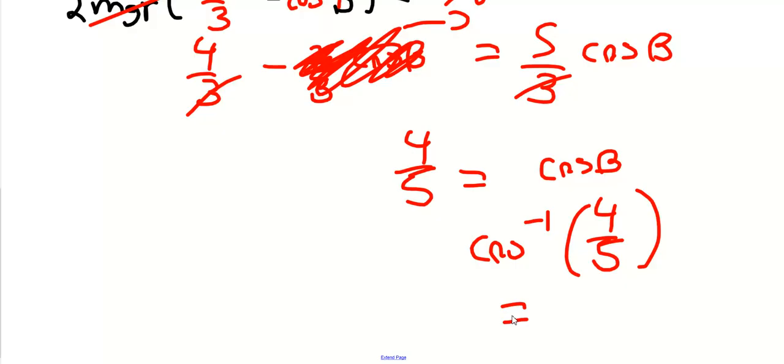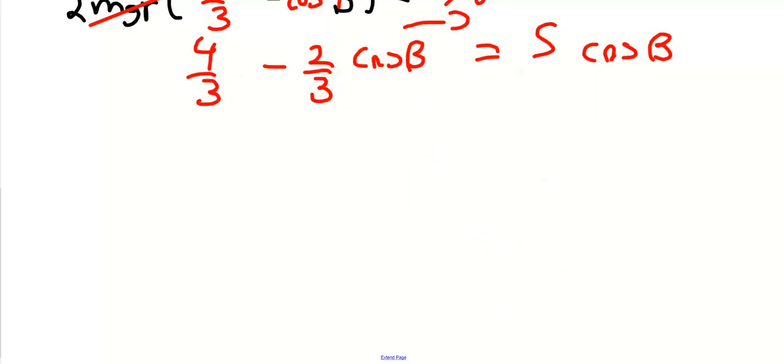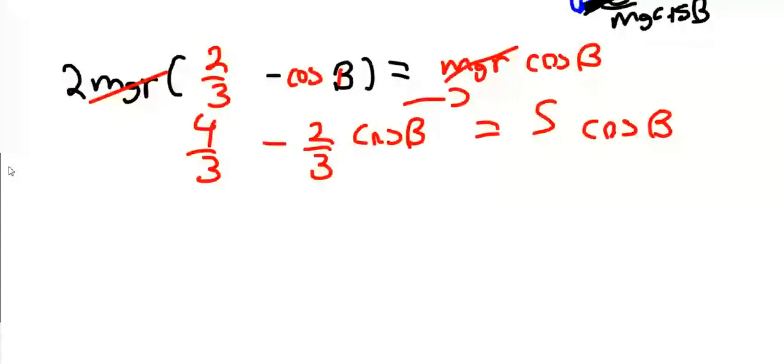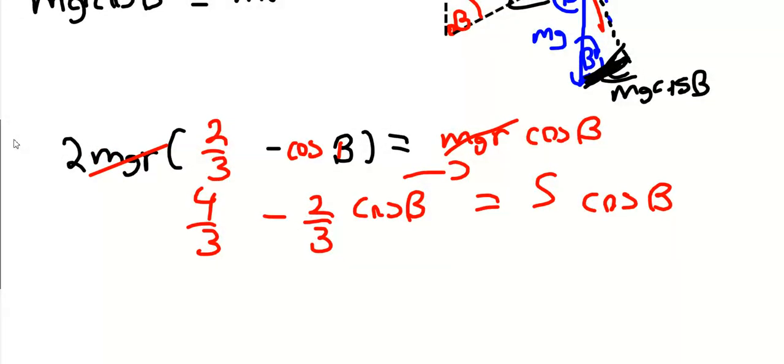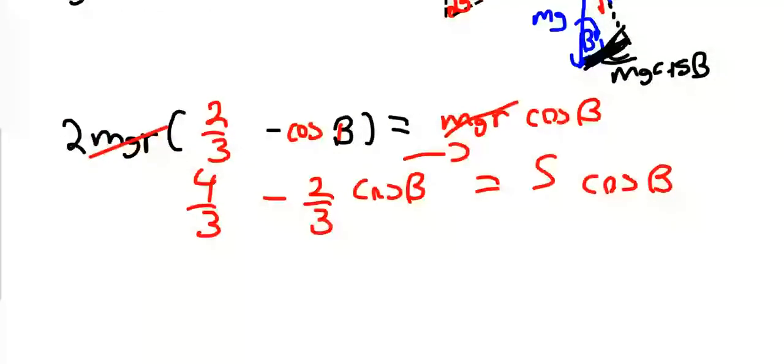Well, did I make a mistake? Yeah, I made a mistake here, guys. Just 1 second. Somebody's going to tell me where this happened. So I'm going to come back up here for a second. What do you say I made the mistake of? Oh, there was no 2 over 3. It's just 2 cos B, is it?